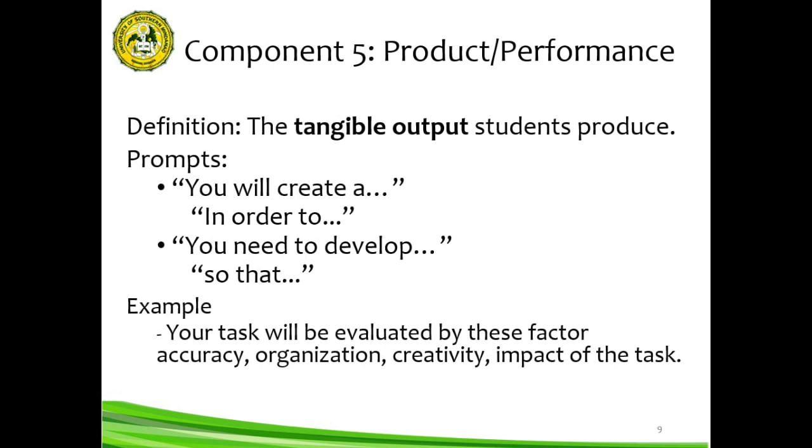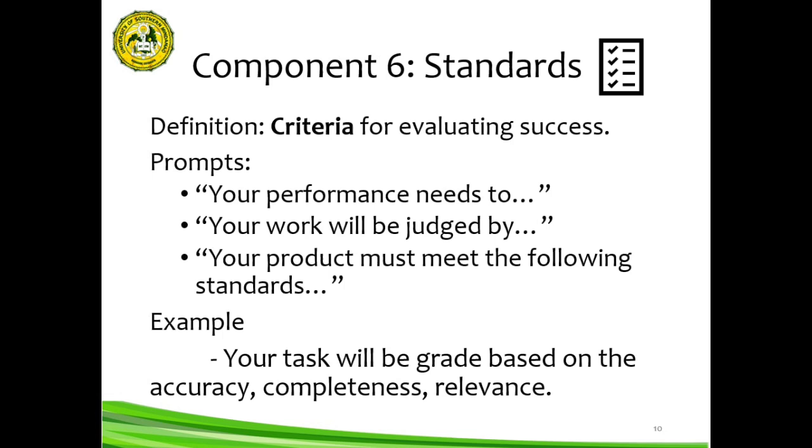And lastly, to evaluate the product fairly, we establish the final element, which is the standards for success. The standards for success outline the criteria by which performance will be judged. This may include accuracy, creativity, organization, and impact.